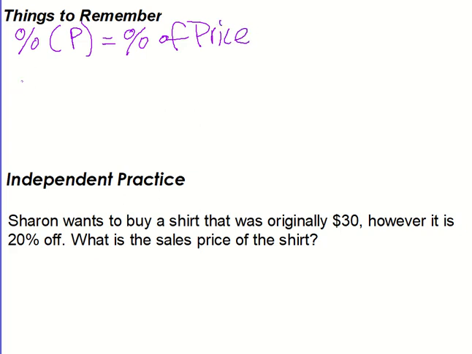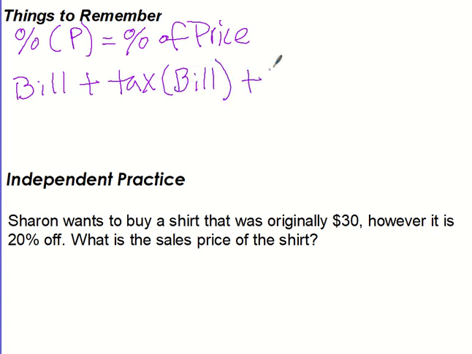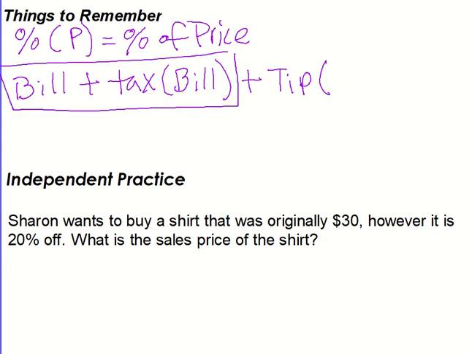And when we do restaurants, right, you pay the bill plus tax times the bill plus tip times all of this tax and bill. Okay, so you got to find this. This is almost in its own parentheses here, right? We got to do that first.